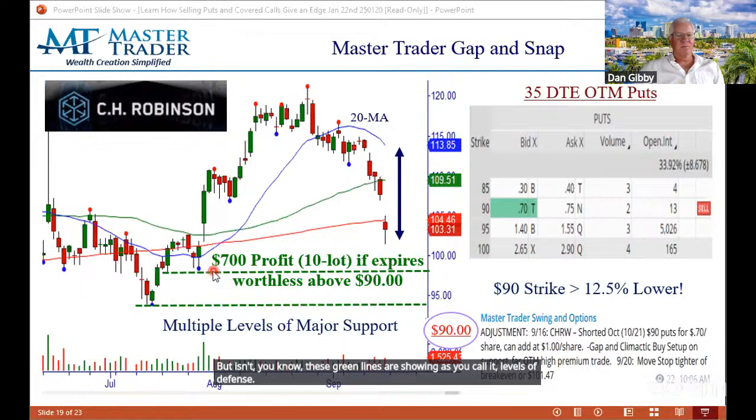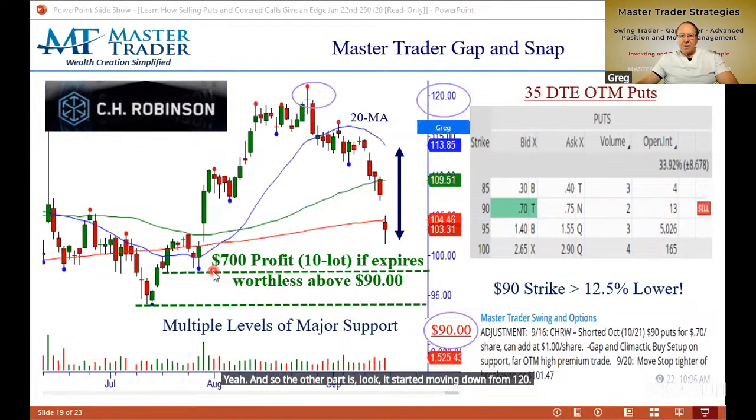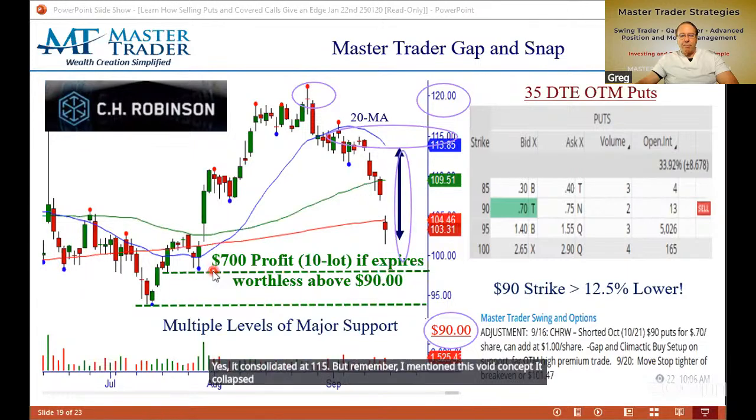And the other part is, look, it started moving down from 120. Always the chart and a lot of common sense. Yes, it consolidated at 115, but remember I mentioned this void concept? It collapsed and created a void above.